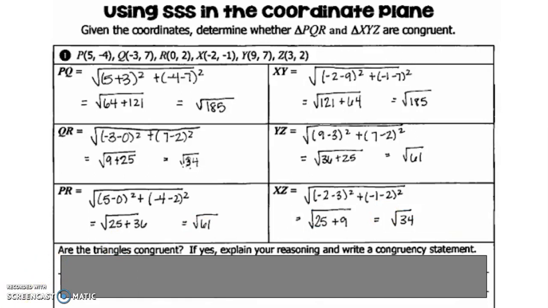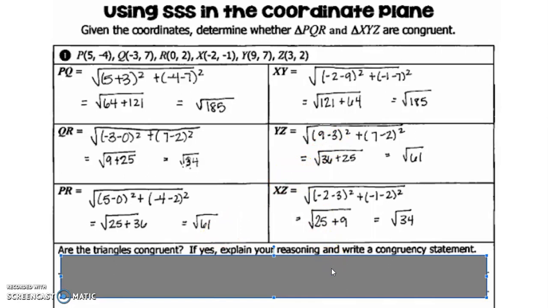Once we have all of the distances for each of our triangle sides, we can see if it matches up. So is there a match from triangle PQR and triangle XYZ that we can say is congruent? If we look, each triangle has a side with a square root of 185. Each has a side with the square root of 34, and each has a side with the square root of 61.